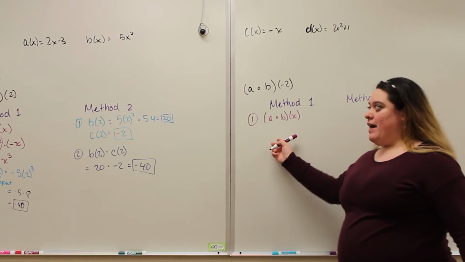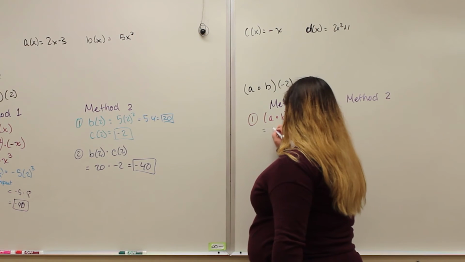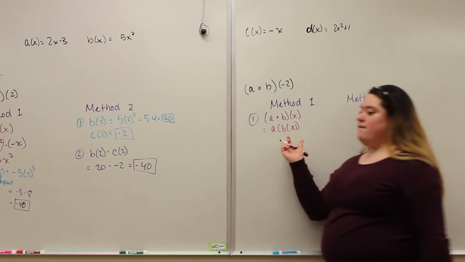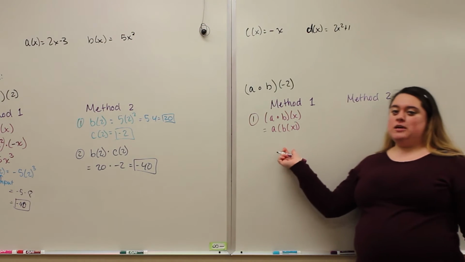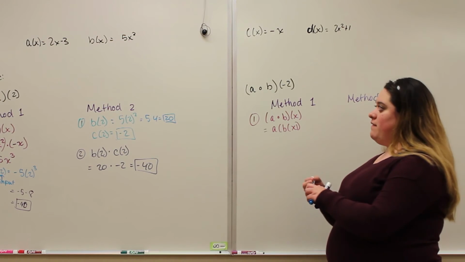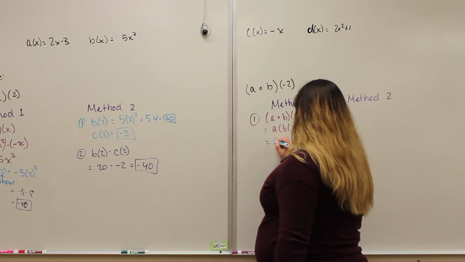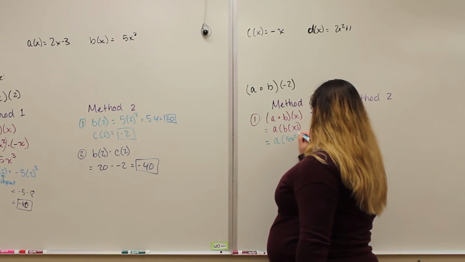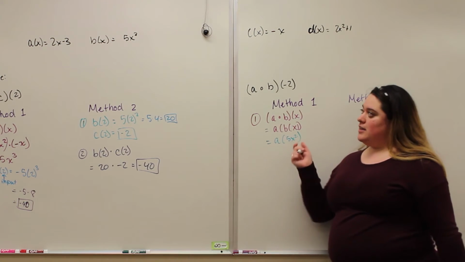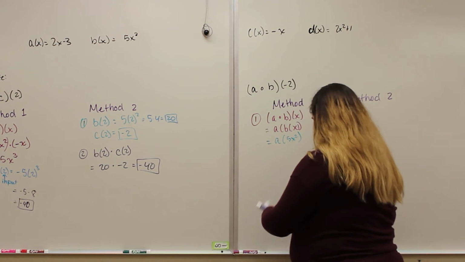So I'm going to rewrite this really fast. This is the same thing as A of B of x. This is going to help me just keep track of things. So my B of x function was 5x squared. I'm going to take that entire function and plug it into the other one.